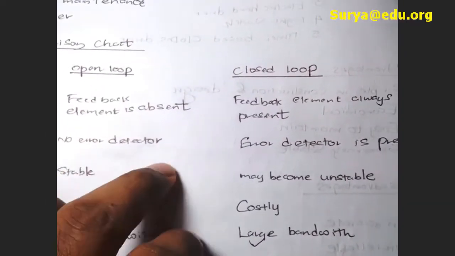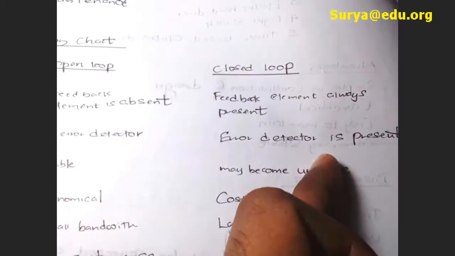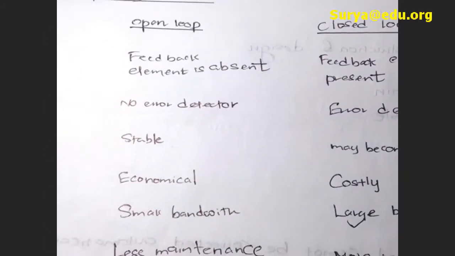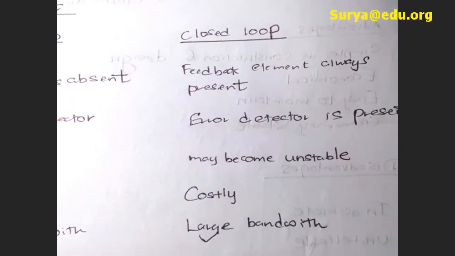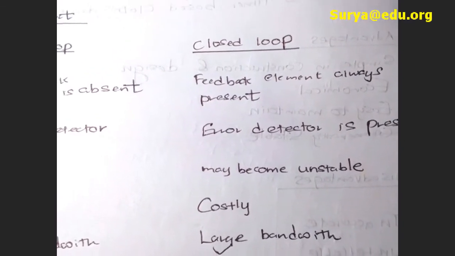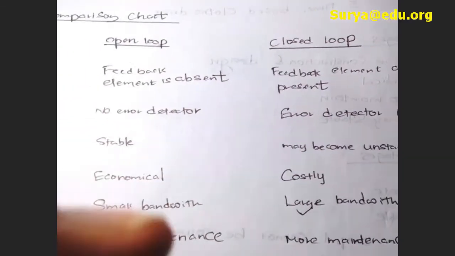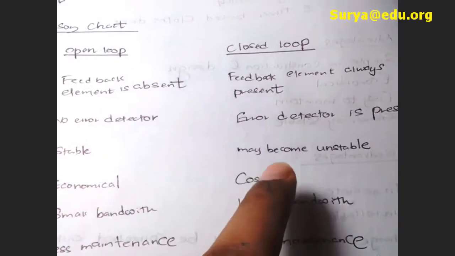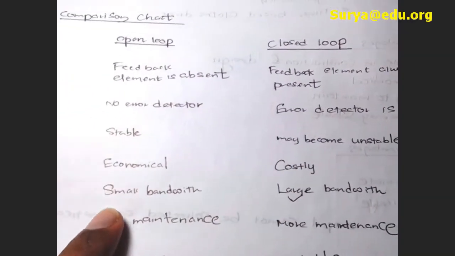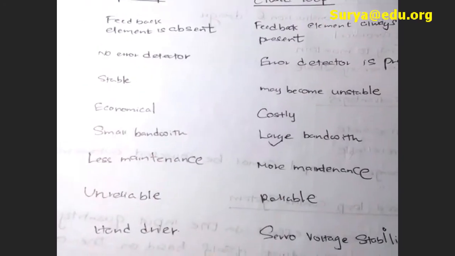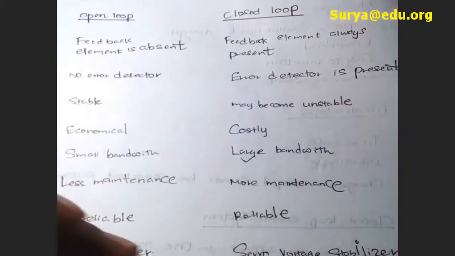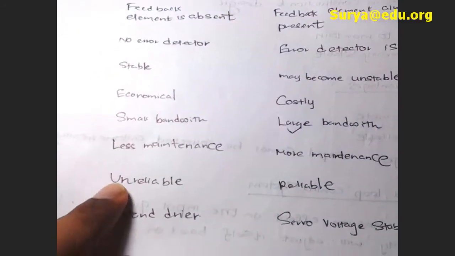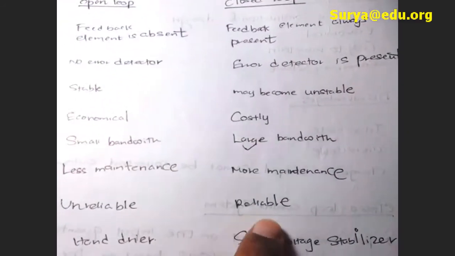No error detector in open loop, there is an error detector in closed loop type. Open loop type is stable, mostly closed loop type can become unstable. Open loop type is economical, closed loop is costly. Small bandwidth, large bandwidth, just for your knowledge. Less maintenance in open loop type, because there is no additional loop, while closed loop may need more maintenance. Open loop is unreliable, and closed loop type is reliable.